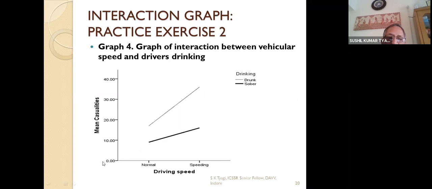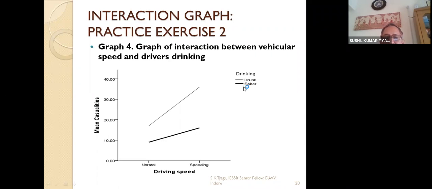So this is the graph of mean casualties in accidents. People make accidents, whether you are driving at normal speed or at fast speed, whether you are drunk or sober. People are prone to make accidents. Why? Because there are so many reasons for accidents.